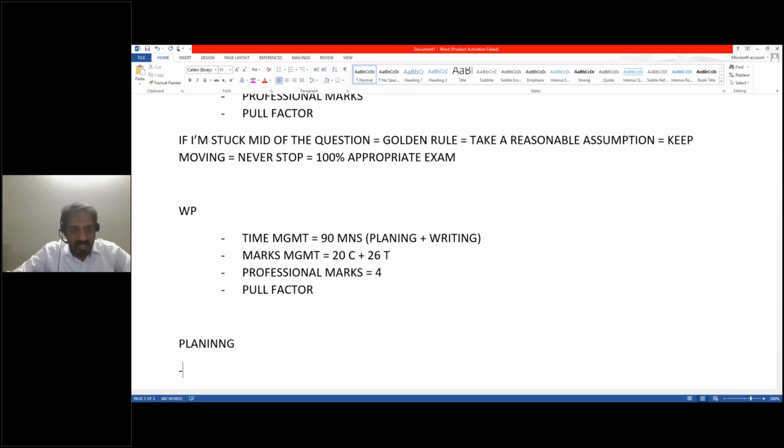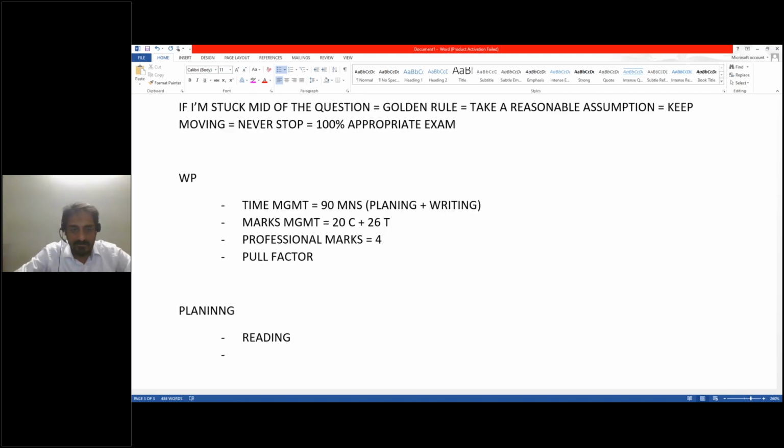Planning includes reading time, and develop your mind, especially reverse engineering.